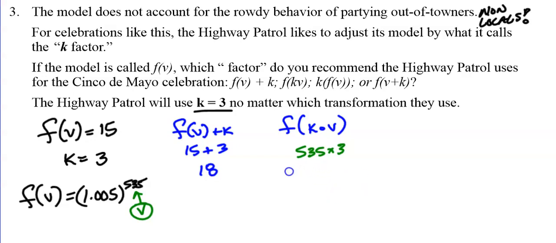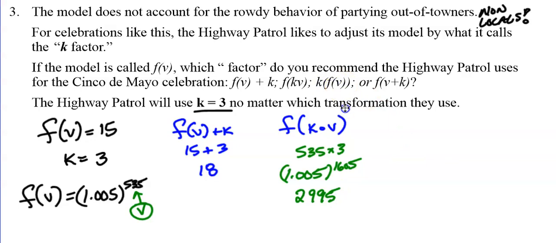Then we take 1.005 to the power of 1605, which gives us a massive value of 2,995 officers. And that's a lot.